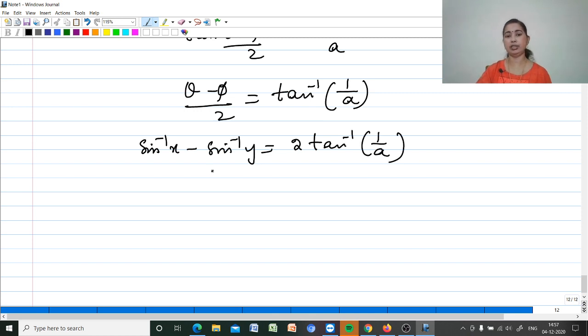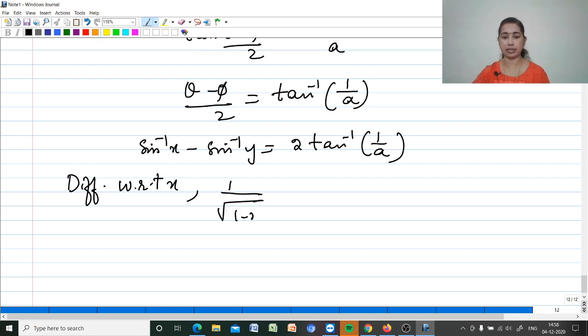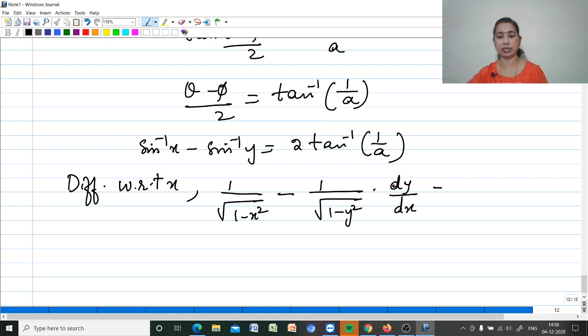Now differentiating with respect to x, we get derivative of sine inverse x is 1 by root of 1 minus x square, minus 1 by root of 1 minus y square into dy by dx. Derivative of the constant is 0.